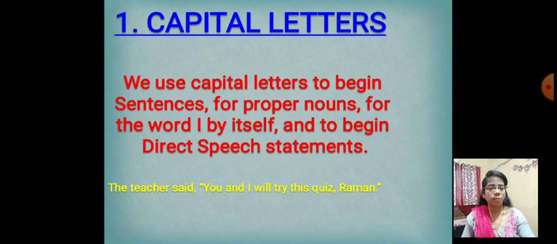Direct speech is there, so Y is capital. I is always in capital form. And Raman is a proper noun, so it should be in a capital letter. Right?